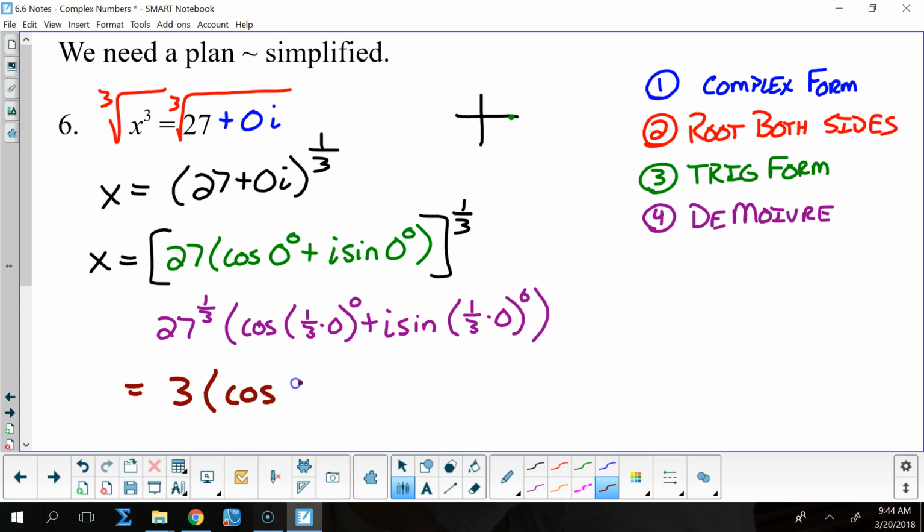Cosine of 0 degrees plus i times the sine of 0 degrees.